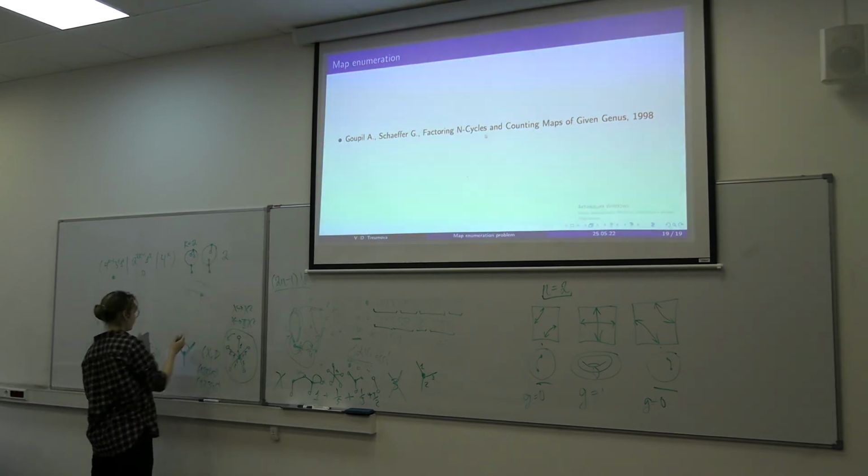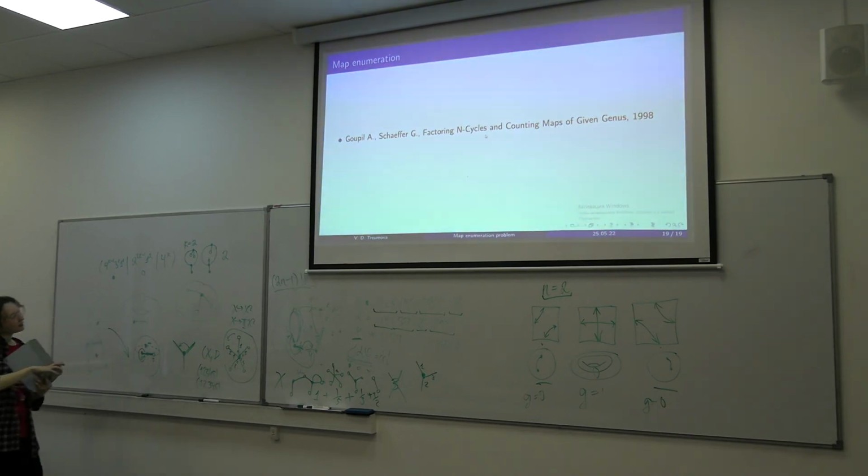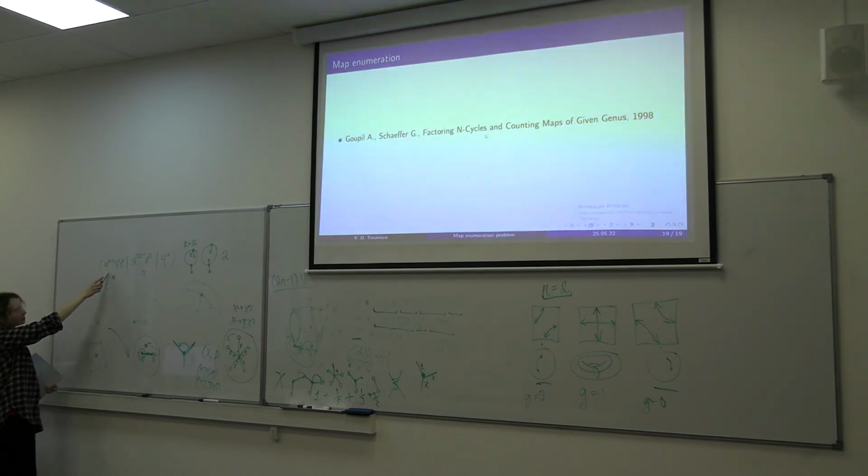So the black color, which is connected to the passport, tells us the number of vertices and their valences, their degrees. If k is equal to 2, we have one vertex that is 4.